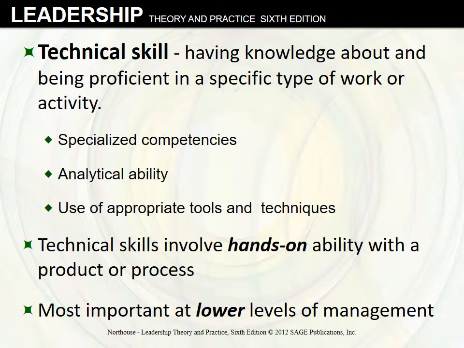A foreman is really a worker who has done those construction processes and understands them, but that foreman is also supposed to direct the task day to day of a group of workers. So this foreman would have a high level of technical skills, and so it's important, according to Katz, at this level of management.